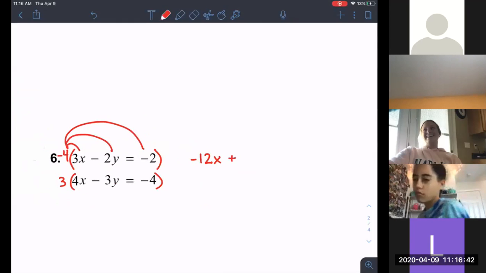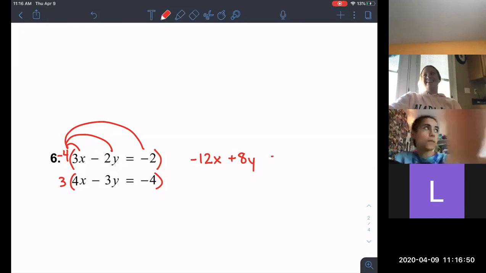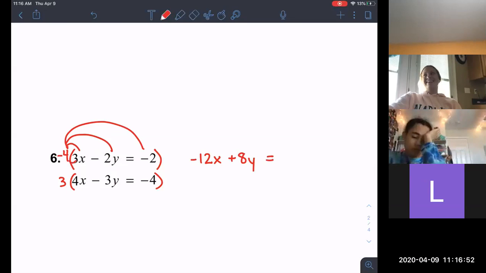We get a +8y here, because remember, I'm taking -4 times -2. So watch your signs really carefully. And then -4 times -2 over here is also +8. And then on the bottom, 3 times 4x, 3 times -3y, and 3 times -4.